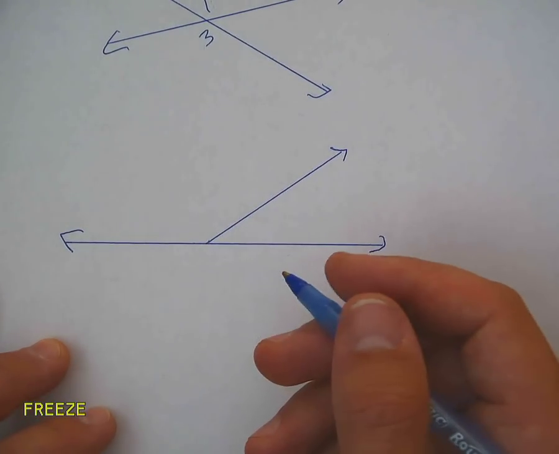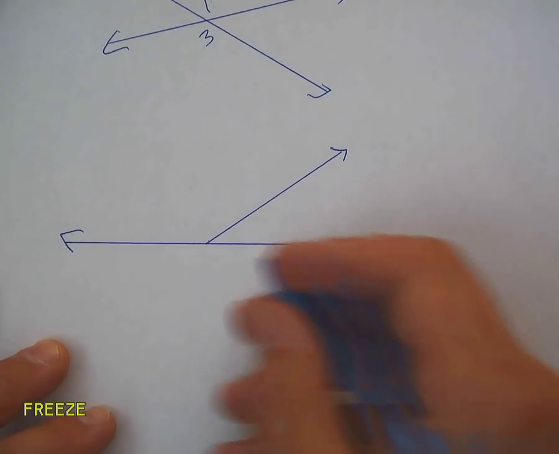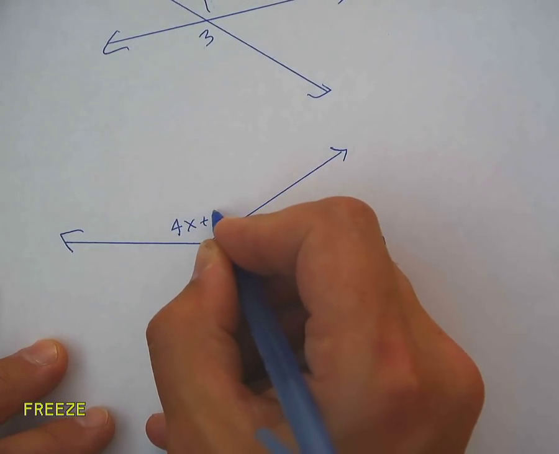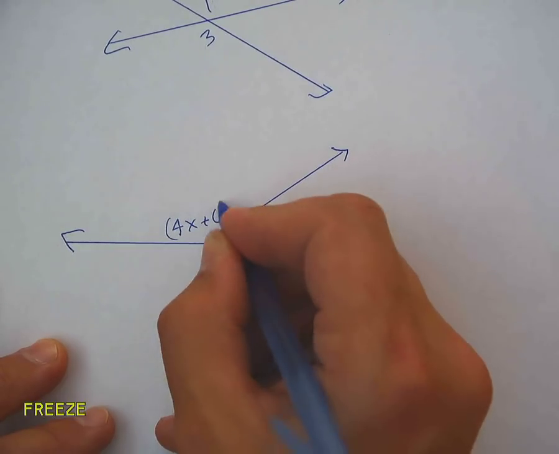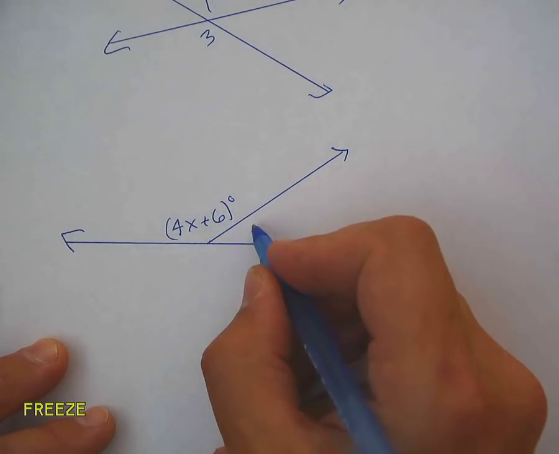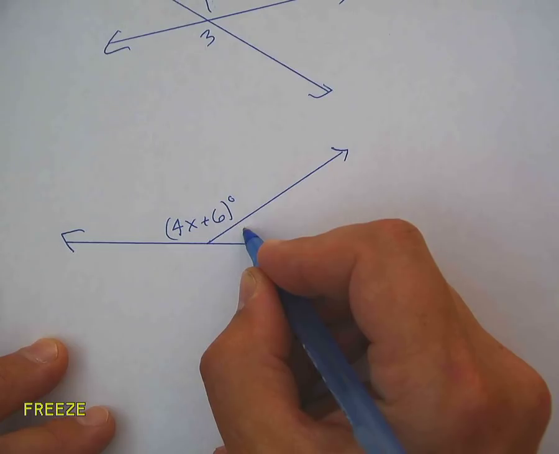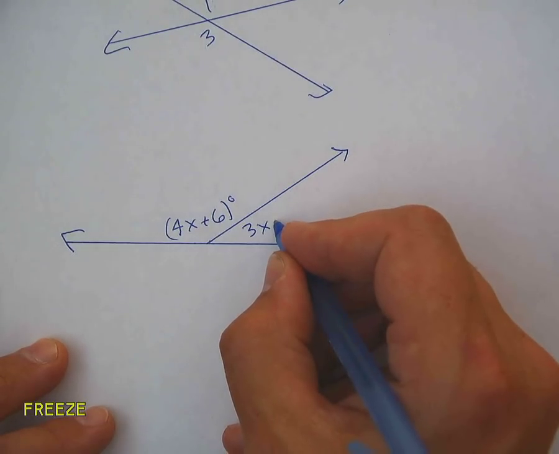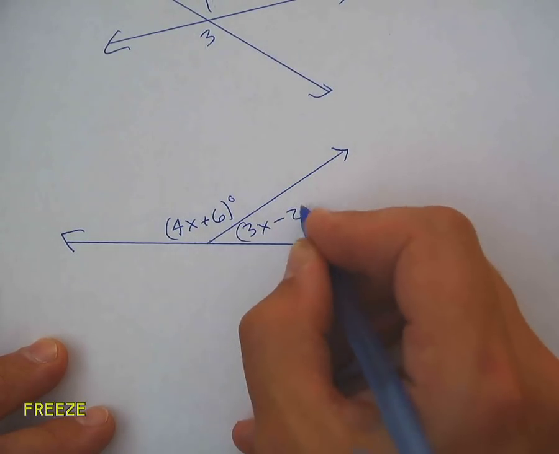But let's say I have an expression like this. And I say this is 4x plus 6 degrees. And this is, let's say, 3x minus 2 degrees.